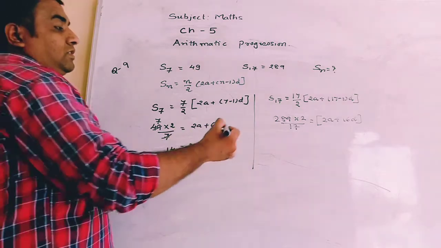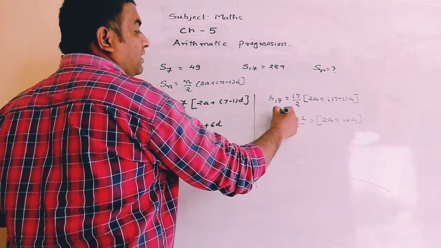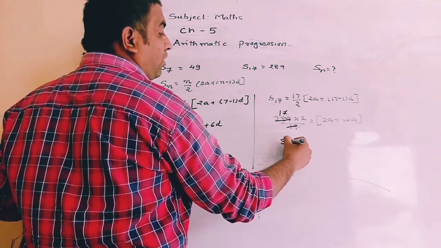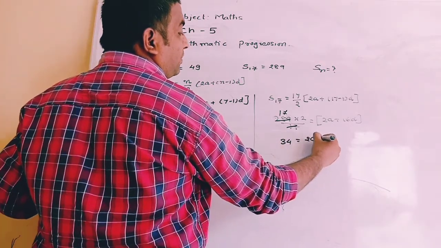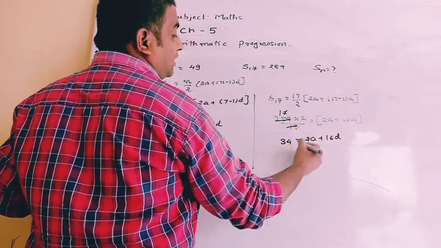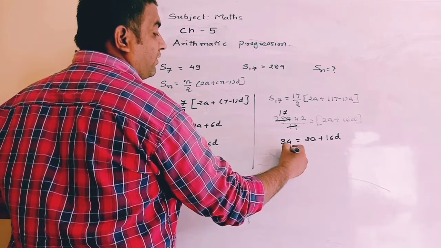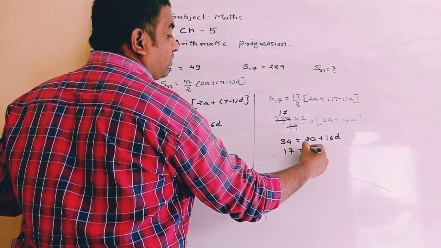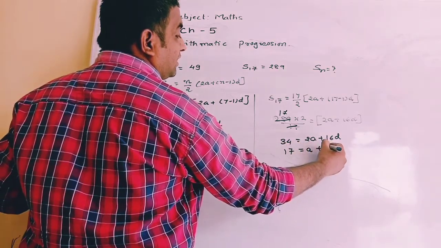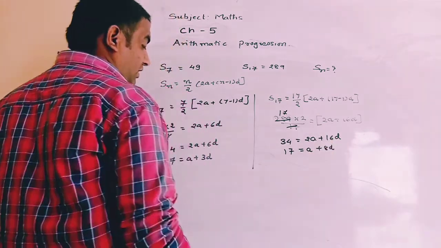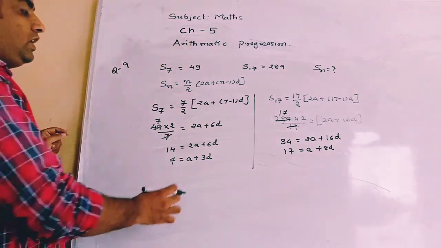So 17 seventeens are 289, so 34 equals 2a plus 16d. So 34 divided by 2 is 17, 2a divided by 2 is a, and 16d divided by 2 is 8d. So now again we have two equations.